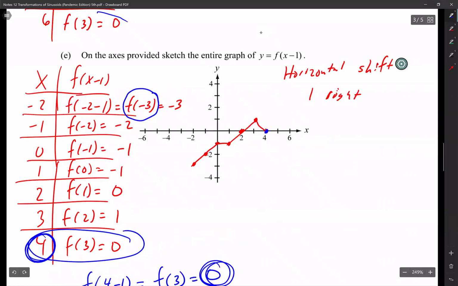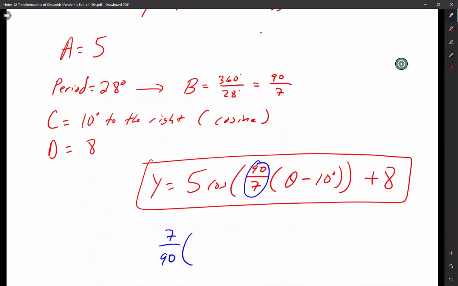So if I take the reciprocal of this, 7 over 90, it will tell me my period, but not immediately. 7 over 90 times what? What's the period of a parent sinusoid? 360. So 7 over 90 times 360 is 28 degrees.